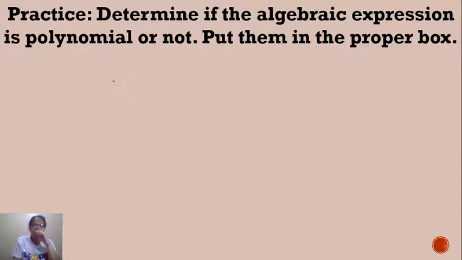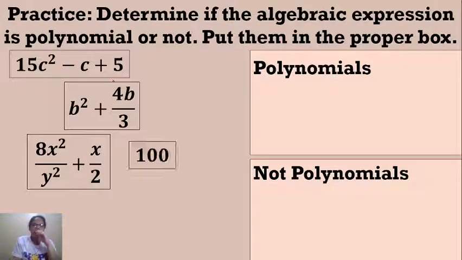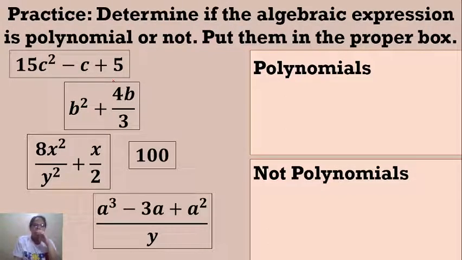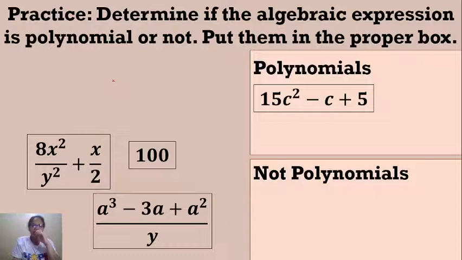Now let's practice. Determine if the algebraic expression is a polynomial or not. We have two boxes given. If we're given 15c squared minus c plus 5, where does it belong? It's a polynomial. How about b squared plus 4b over 3?